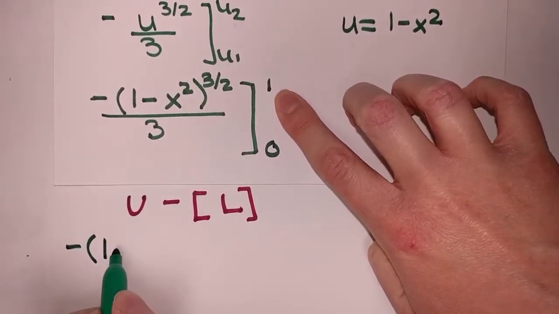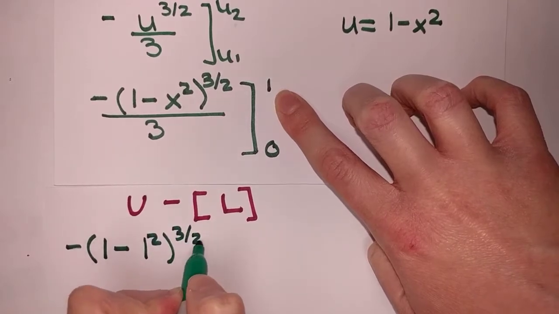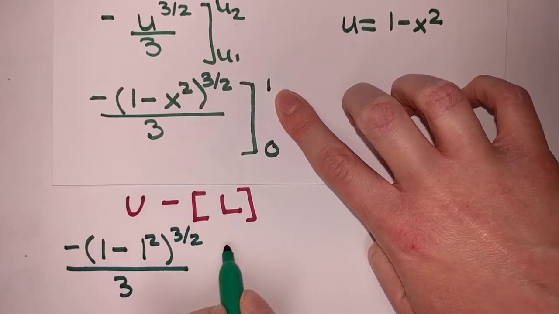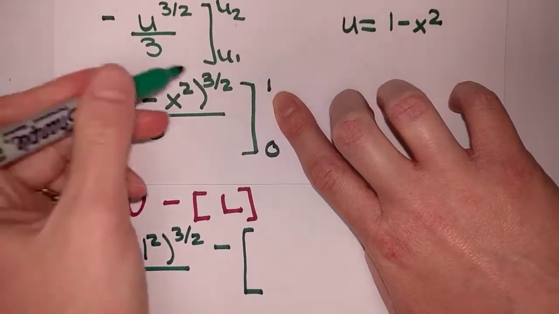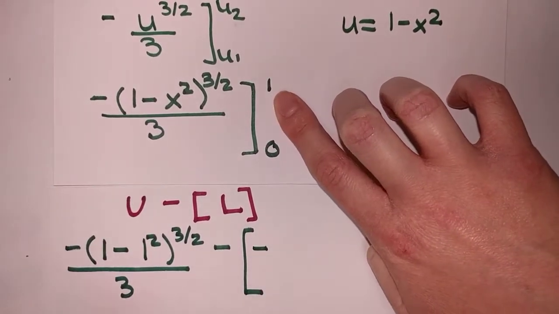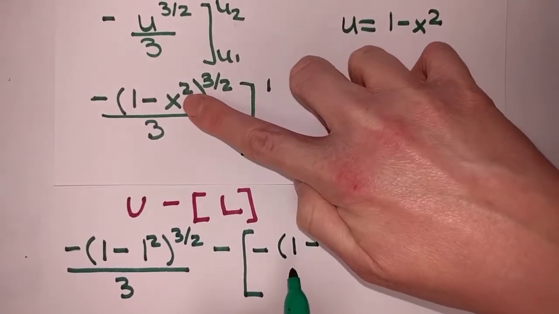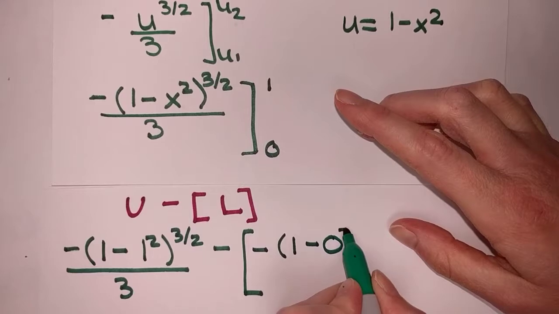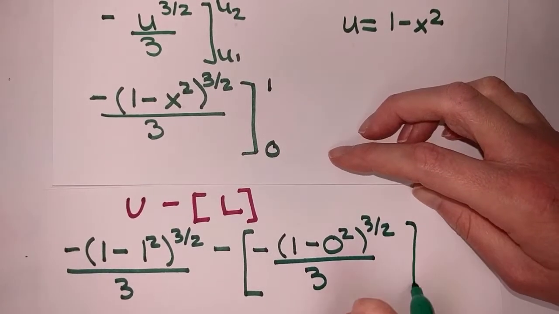I have 1 minus 1 squared to the 3/2 power over 3 minus, and then technically you don't need the big bracket because you just have one term here, but for practice we'll put the bracket, negative, and then 1 minus, plugging in 0 for x now, the lower bound, to the 3/2 power over 3, and then close that lower bound bracket.